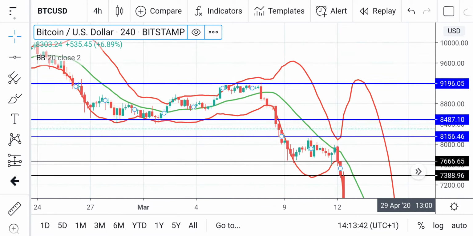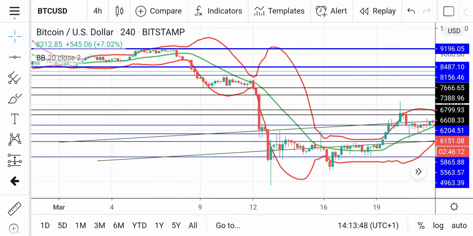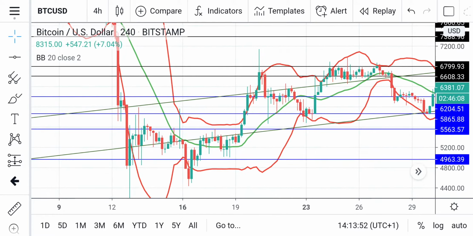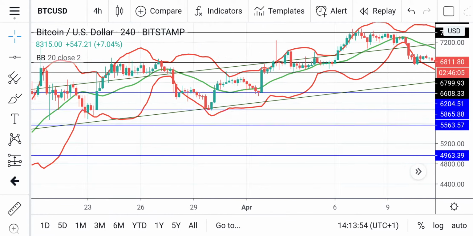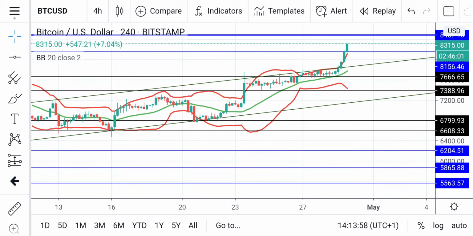Another thing I'm going to talk about with the Bollinger Band is how to use it as an area of value, how to use the middle band and the upper band as areas of value. I forgot to say the middle band could be a 20 period moving average or a 50 period moving average. Those are the ones I like to use, but you can tweak it however you want.